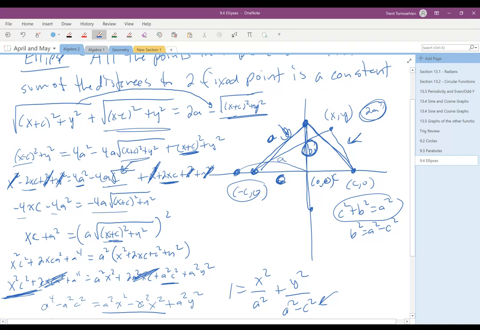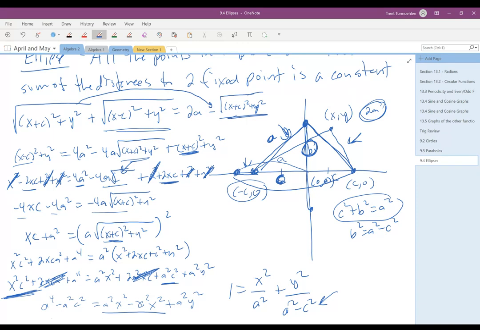And the reason for that is we need the distance from here all the way to here to be 2a. And so there's two of these things, and these are the same distance. And so those combined is going to equal 2a.